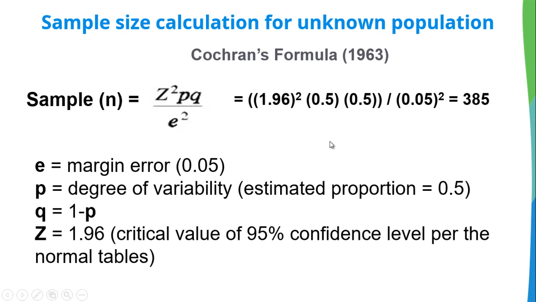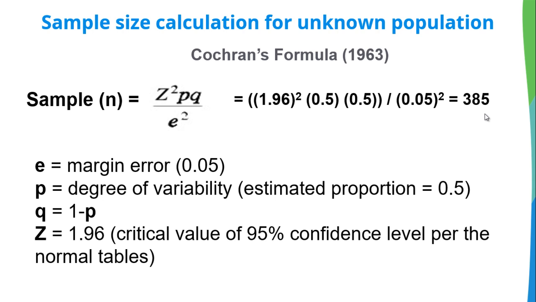Then we have our 0.5 here, which is p, and we have our q, 1 minus 0.5, which is 0.5 also, then divided by 0.05, and that is our e, the margin of error, squared. The total will give us 385. This is the 385 we have now.